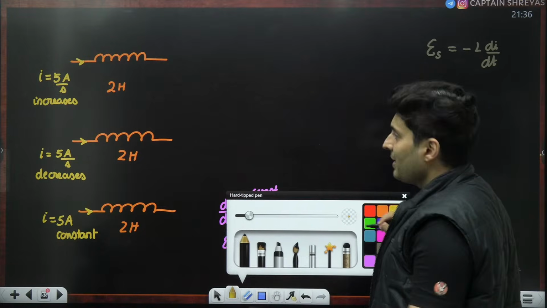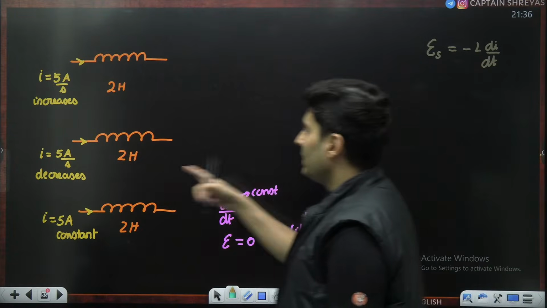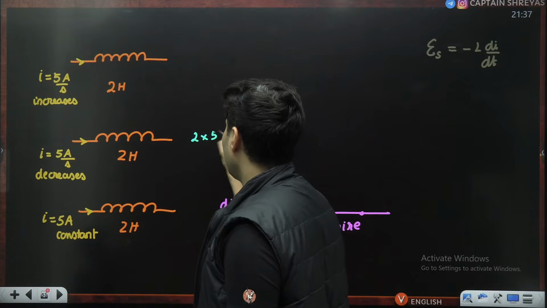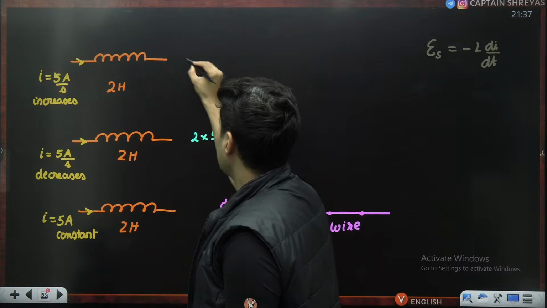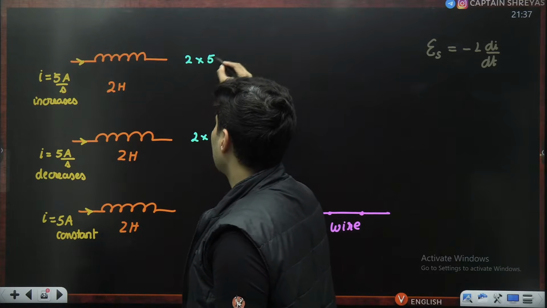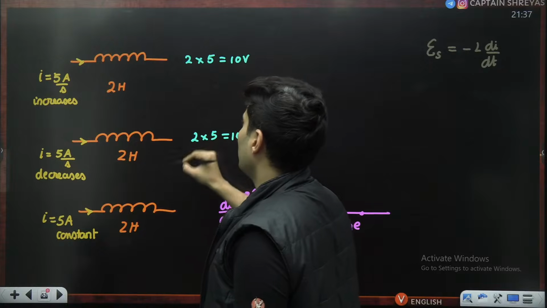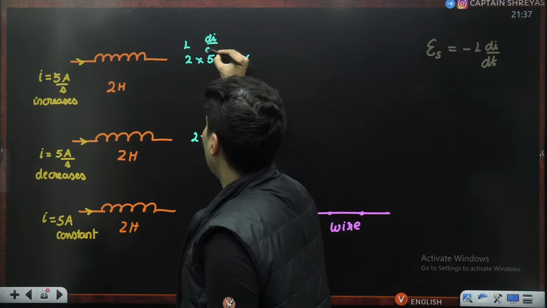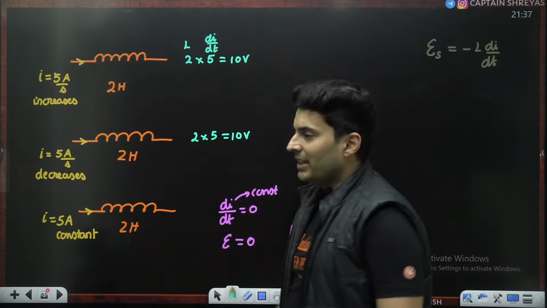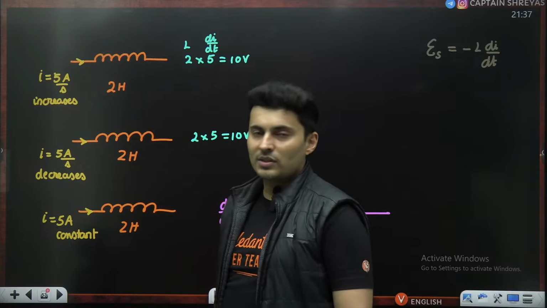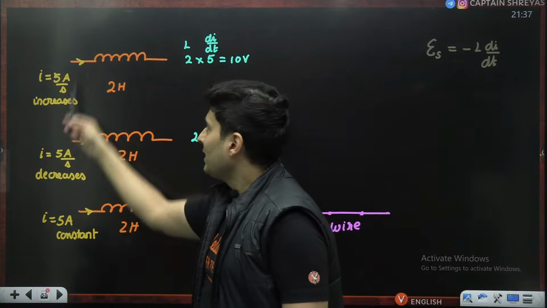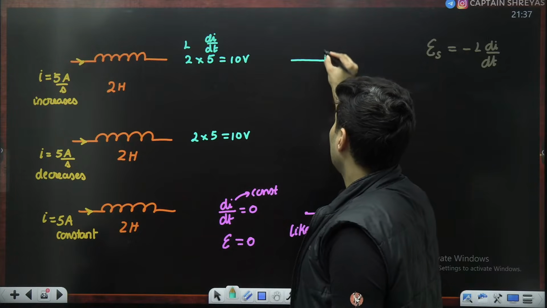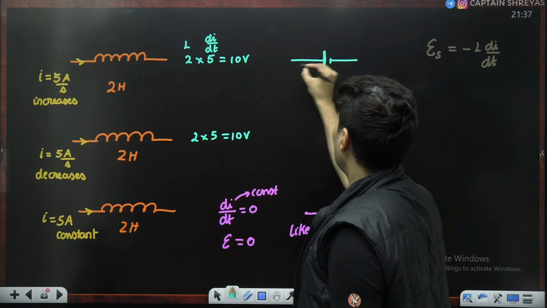But over here, definitely di by dt is not 0. L is 2. Di by dt is 5, which will give me 10 volts. Same thing, L is 2. Di by dt is 5 amperes per second, which will give me 10 volts. Now, main thing is, how is this 10 volts going to be written down? Here the current is increasing, inductor will resist it, so it will behave as if there is a battery trying to oppose that.